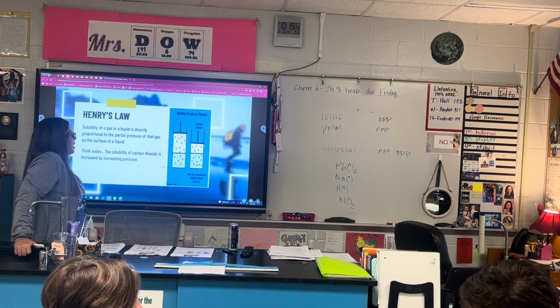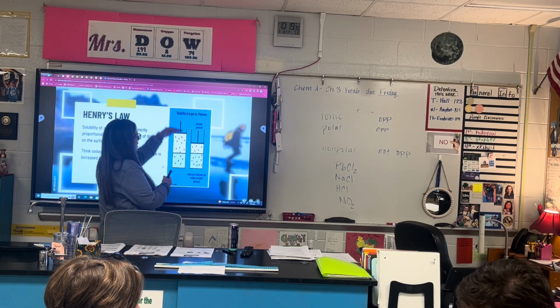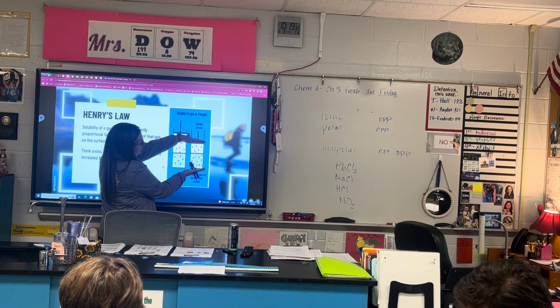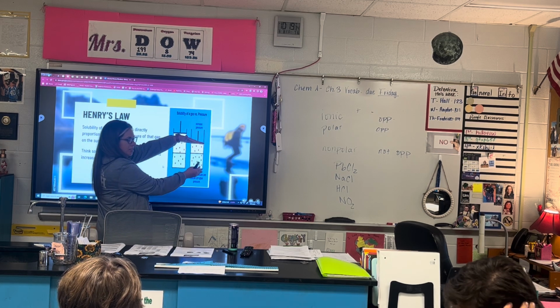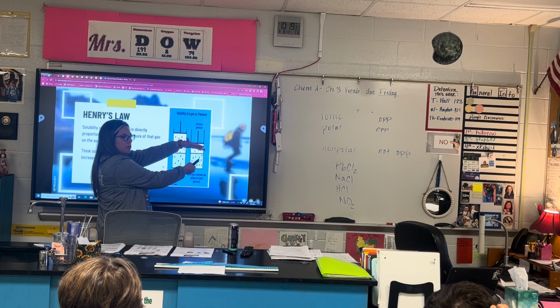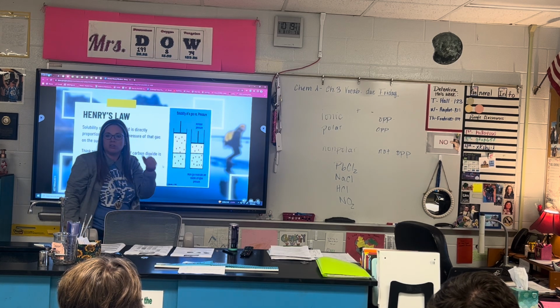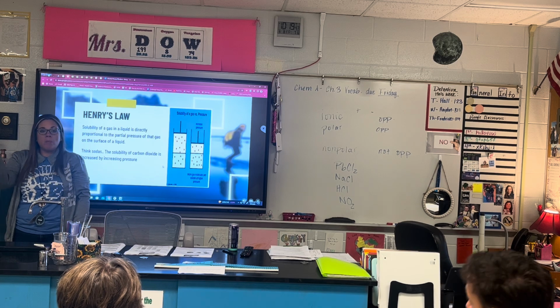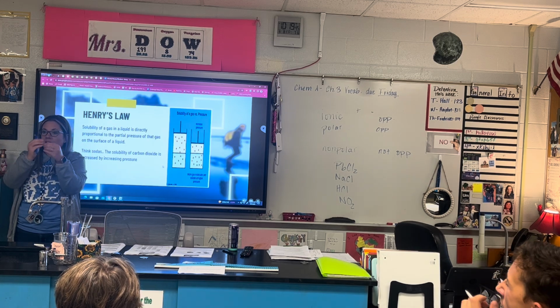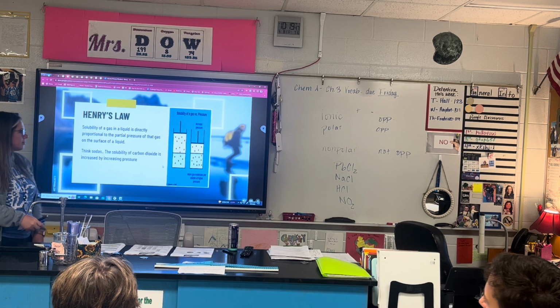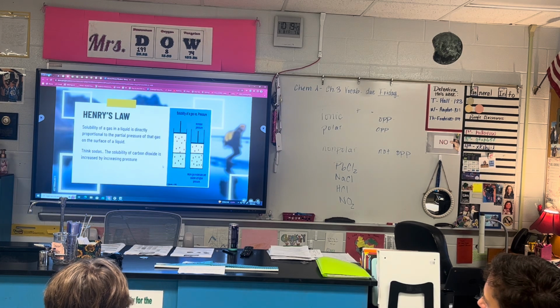Here, as we increase the pressure, the particles move faster, come into contact more with the solvent, and more of them dissolve. Increased pressure, increased solubility.